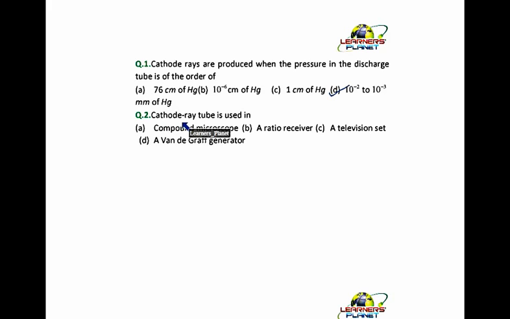Now the second question here is, cathode ray tube is used in. Do you know where it is used? It is used in a television set, right? It is not a radio receiver.